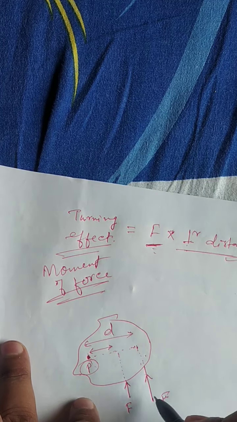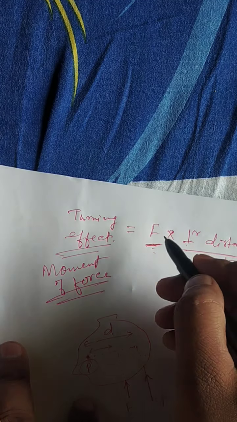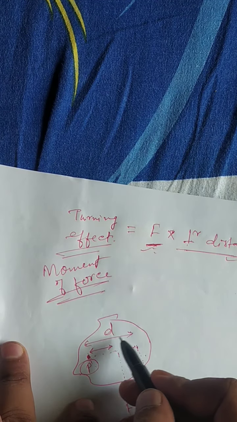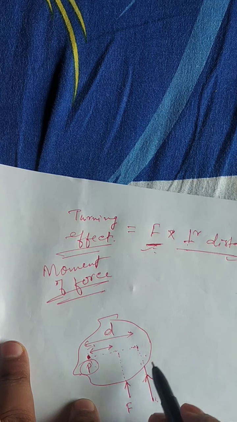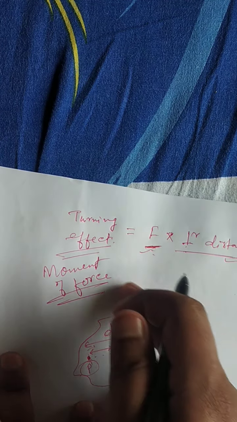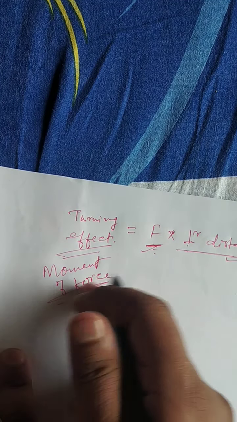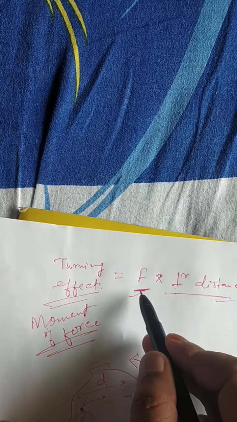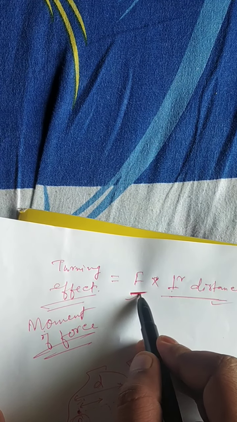So the product of force and perpendicular distance. If you apply force here, then the body will rotate in this direction along this pivot point. So the turning effect or moment of force is equal to the product of force into perpendicular distance.